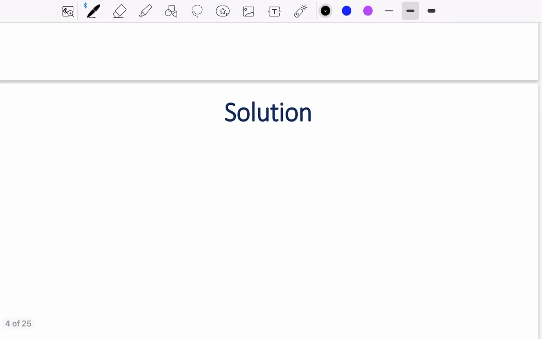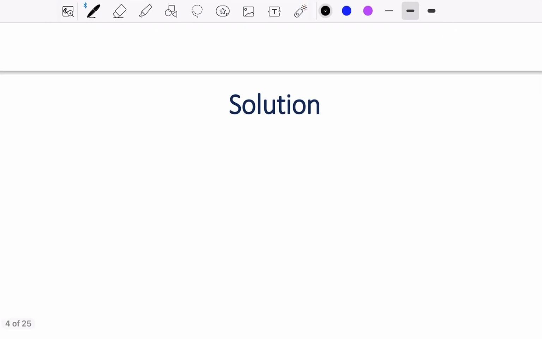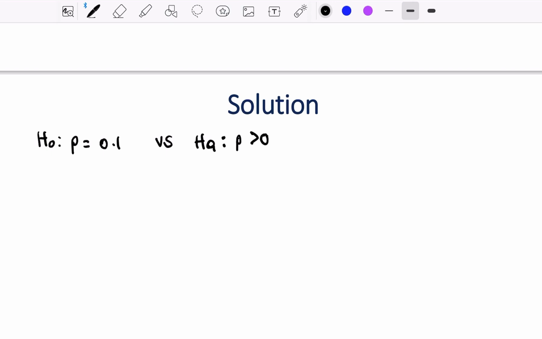You already know that the null hypothesis is that P is equal to 0.1 versus the alternative that P is greater than 0.1.